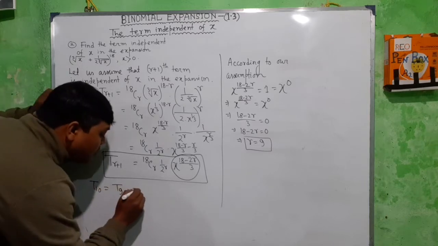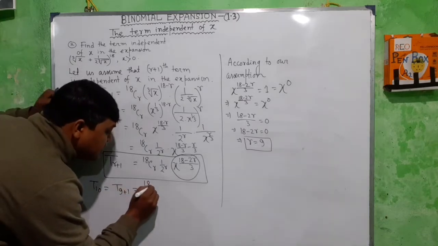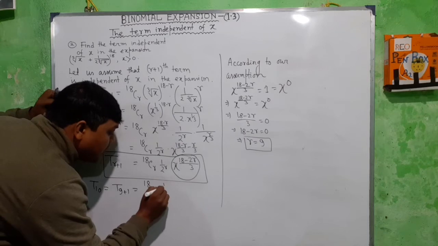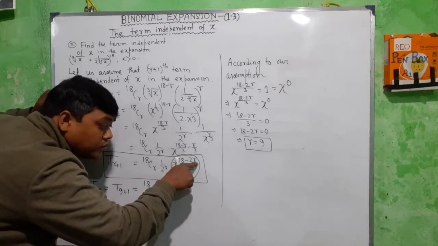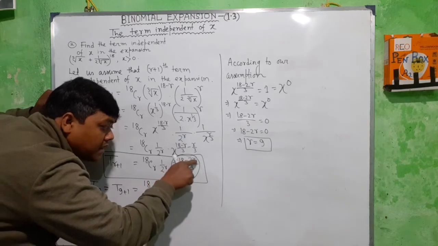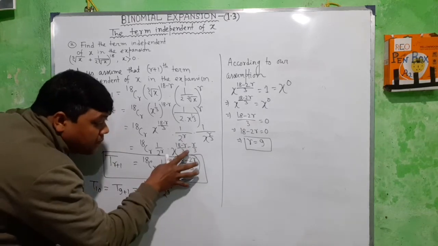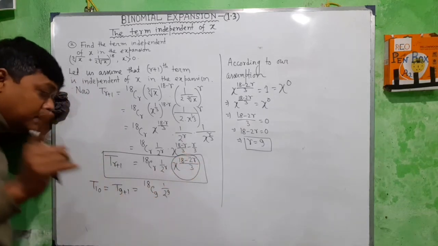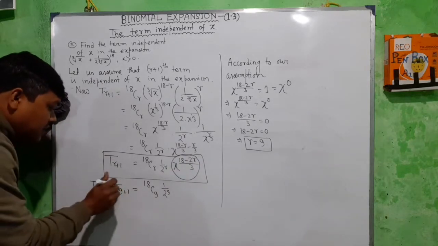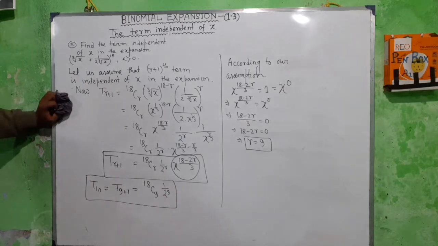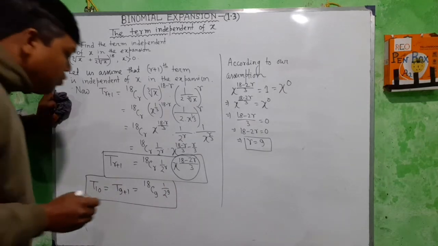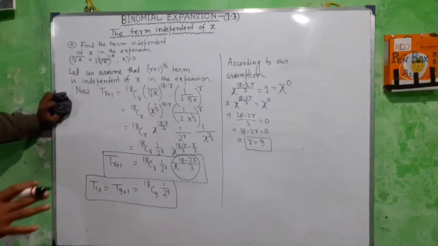And the value of the term is 18C9 into (1 by 2) to the power 9. If I put r equals 9, then 18 minus 18 is also 0, because I have taken this value as 1. So the expression t(9 plus 1) is 18C9 into (1 by 2) to the power 9. That gives the answer.